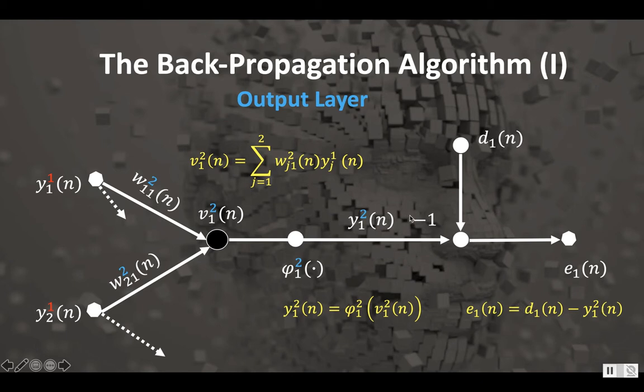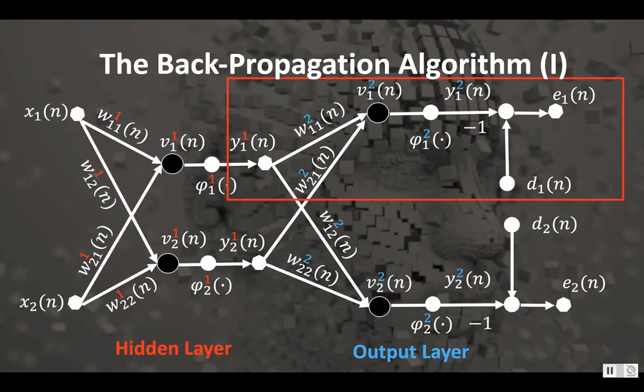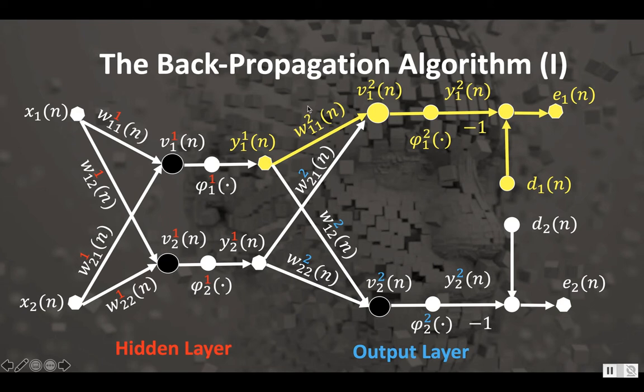Okay, let's go through the whole structure one more time. Here we want to update W211. This is the weight we are going to update. In order to update this weight, all these components will be used: starting from Y11, V21, Y21, E1, and D1.